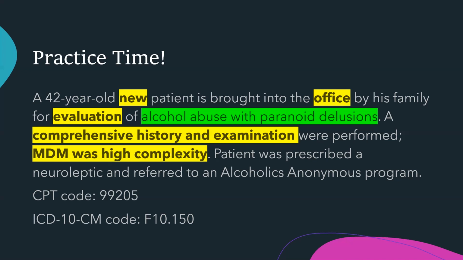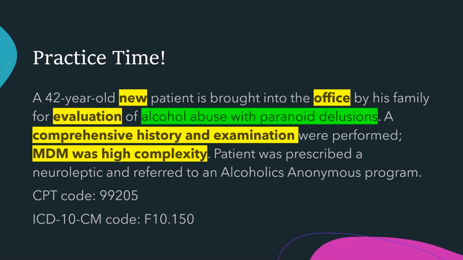So in your CPT code book, you would then turn to the office or other outpatient services section in the evaluation management coding section, and you would look for the highest code, which would be 99205.